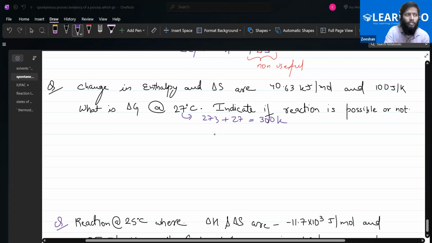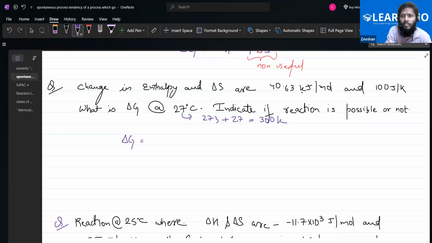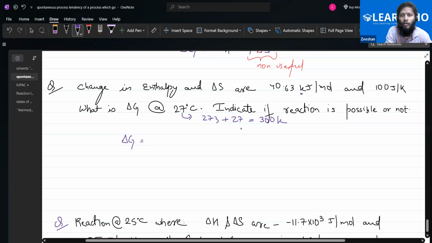Okay, good. So now what we will do, we have delta H with us and we have delta S with us. So directly we will use the formula because we don't have to do much conversion in it. So delta H is given as 40.63 kilojoule per mole. So see, we have kilo here.